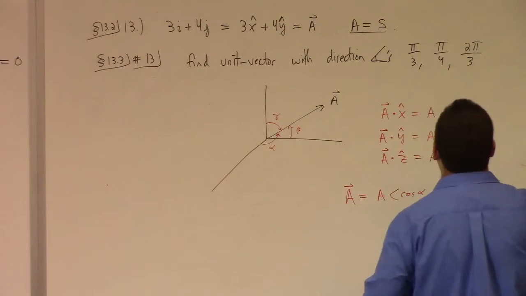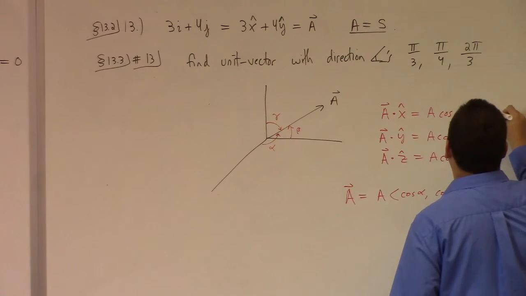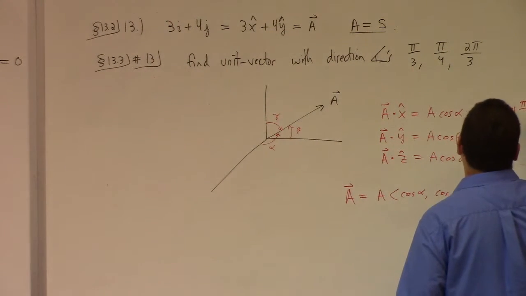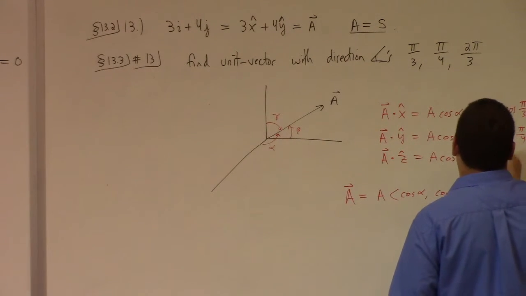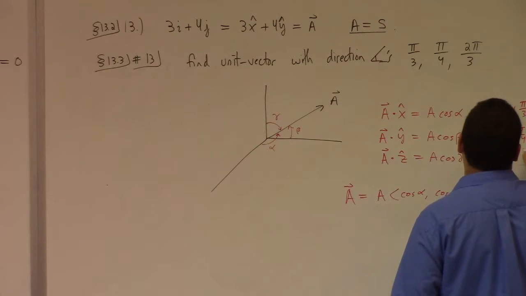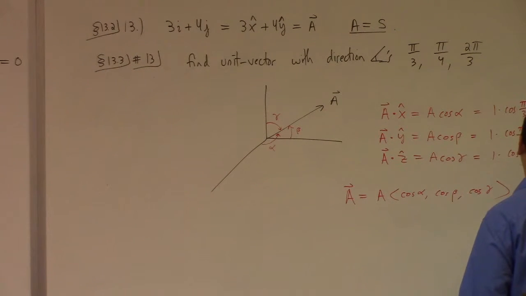I suppose for this problem you just go 1 cosine pi over 3, 1 cosine pi over 4, 1 cosine 2 pi over 3. So that's what? That's a half, 1 over the square root of 2, and the third I don't know off the top of my head.